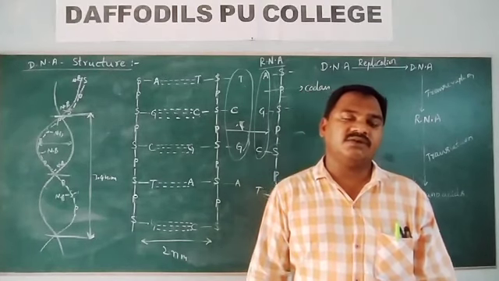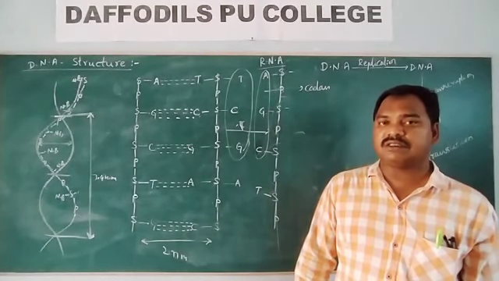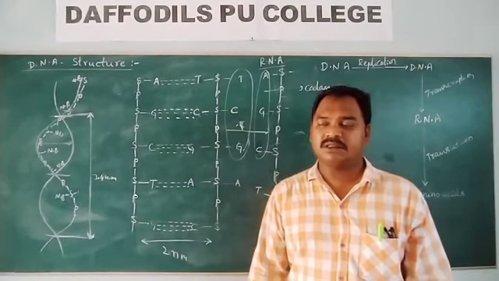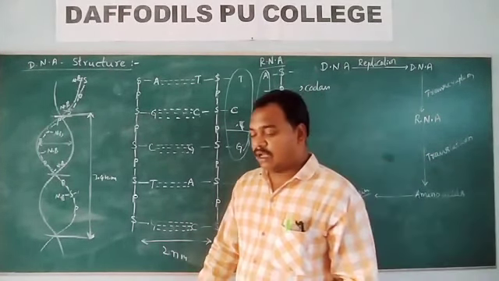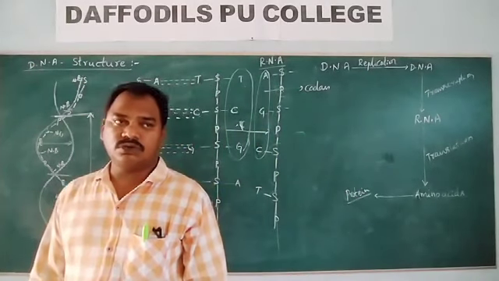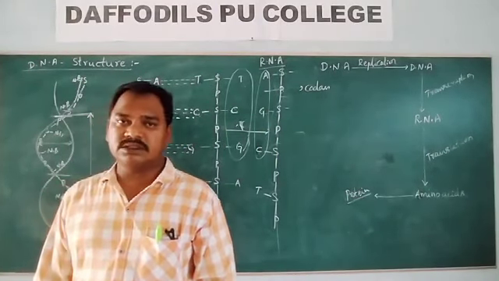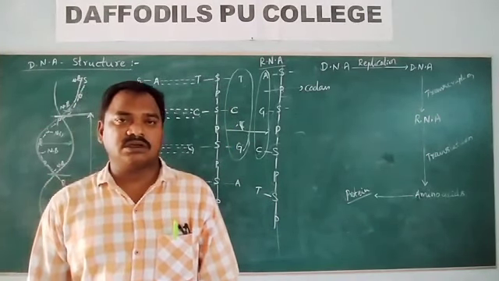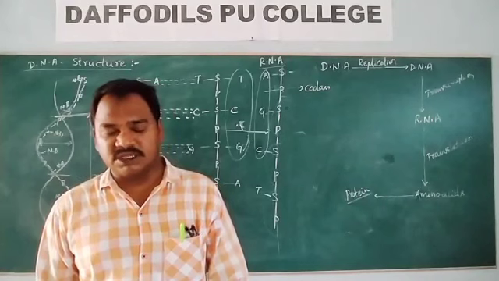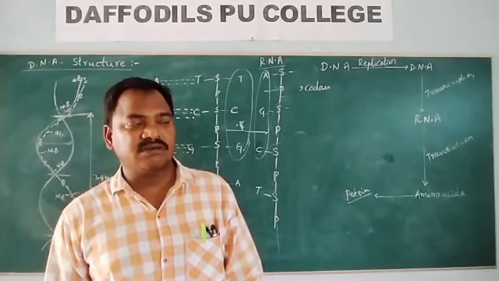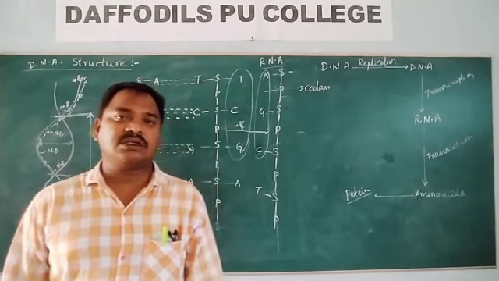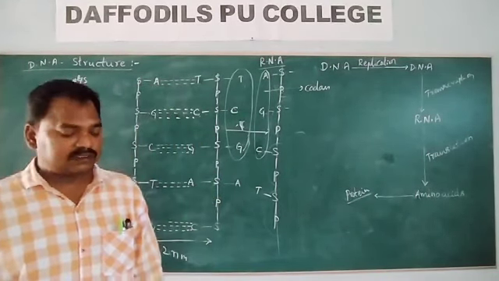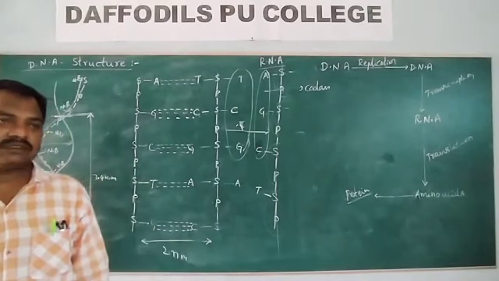By using DNA fingerprinting techniques, we can identify the parents. All the information is stored as nitrogen bases. This nitrogen base information is passed from one generation to another through DNA. So this is about nucleic acids.